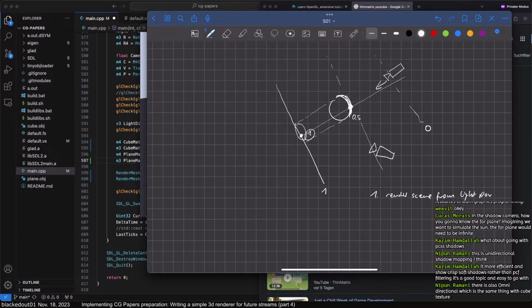You can't really render something at infinity. So we basically have to say, okay, now here is the end of the shadow map. Yeah, so it's limited. This is unidirectional shadow mapping. Okay.